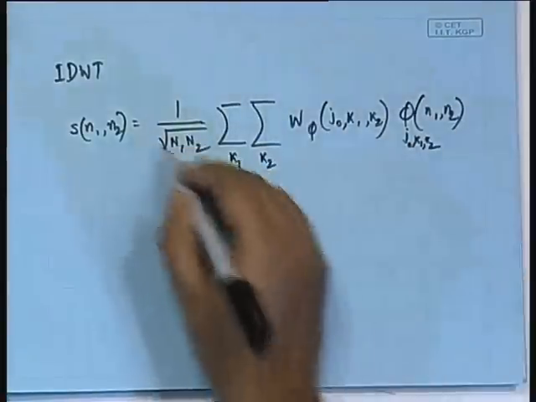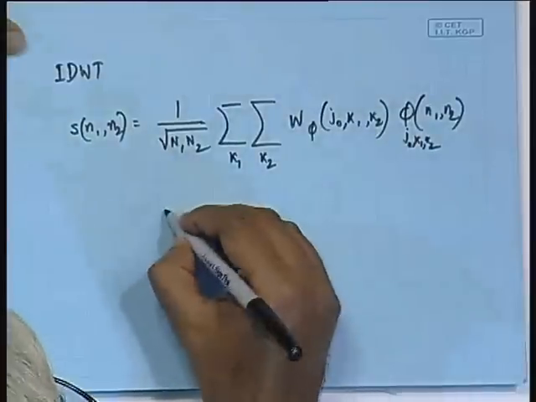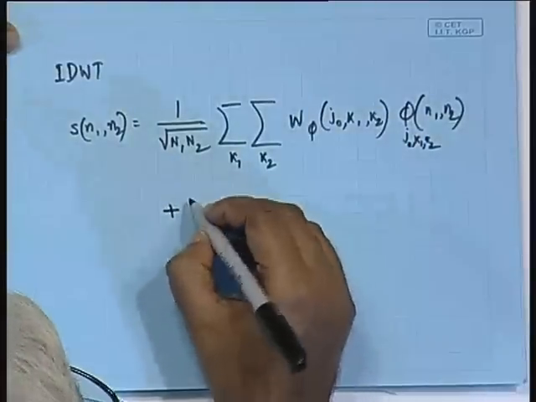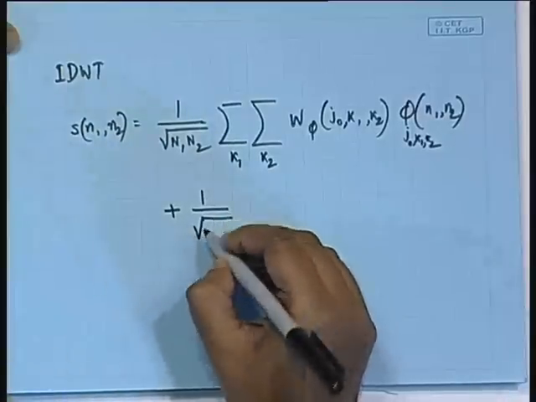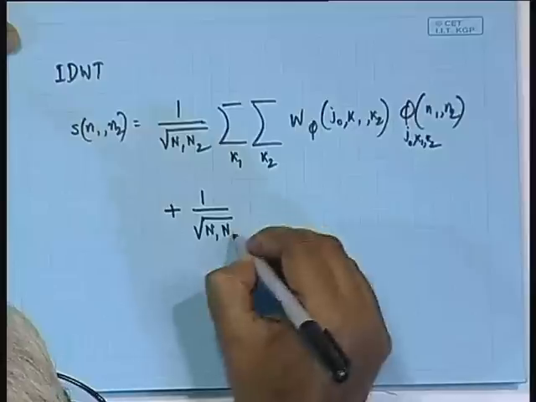So, this will be the low pass filtered version, and what we have to do is to add it up with 1 by square root of n1 n2.